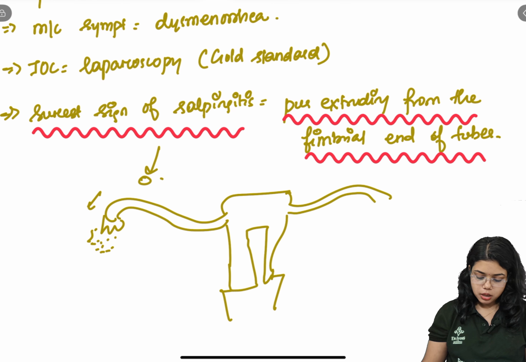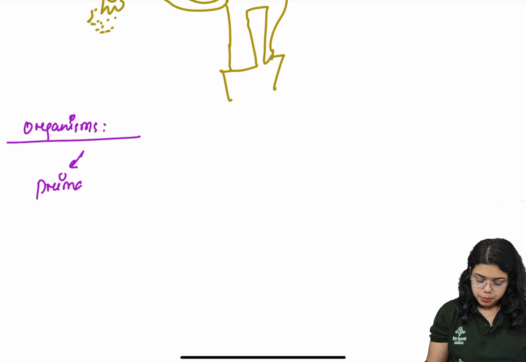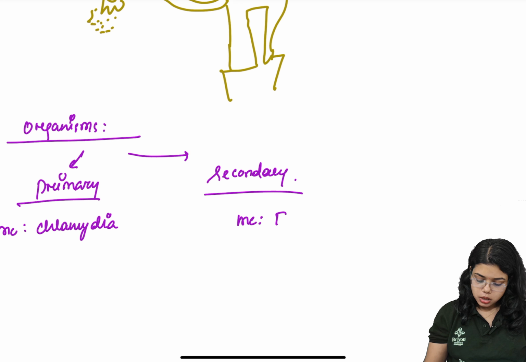Then coming to the organisms that are involved. What are the organisms? The most common organism is chlamydia. See, PID can be primary and secondary. In the primary, the most common organism involved is chlamydia. And in secondary, the most common cause is E. coli. What do we mean by secondary?